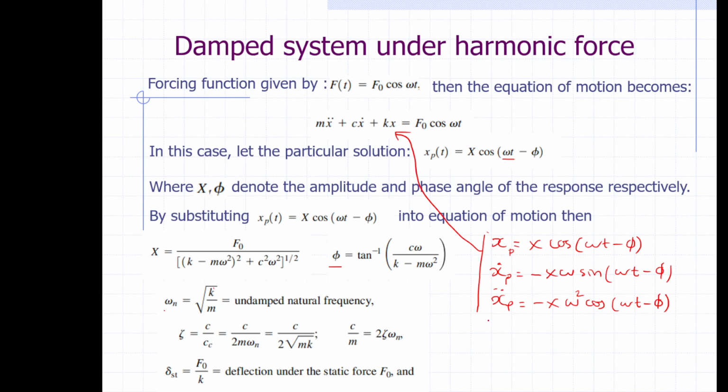Yeah, I can review it a little bit. So, what is zeta? Actually, just compare this one with h double dot plus 2 zeta omega n h dot plus omega n squared times h.